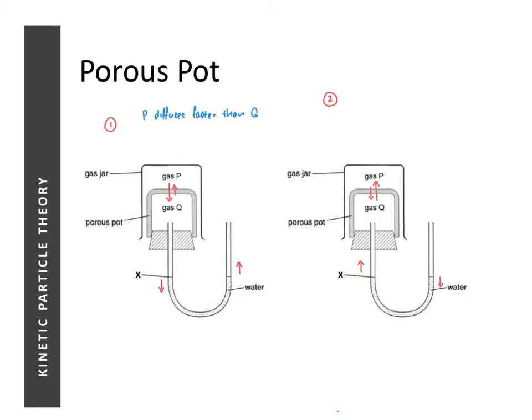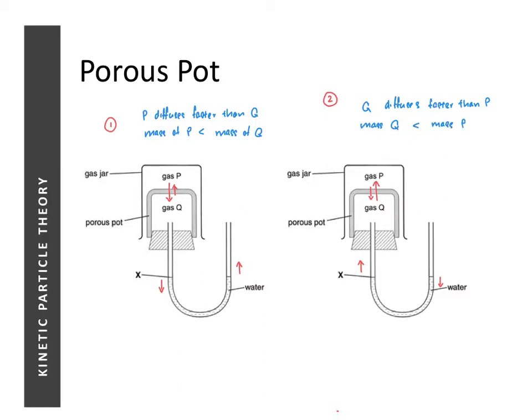It is when the mass of P is less than the mass of Q. So the opposite applies to scenario 2. For scenario 2 to happen, it means that gas Q diffuses faster than P. So when would that happen? It is when the mass of Q is less than the mass of P.